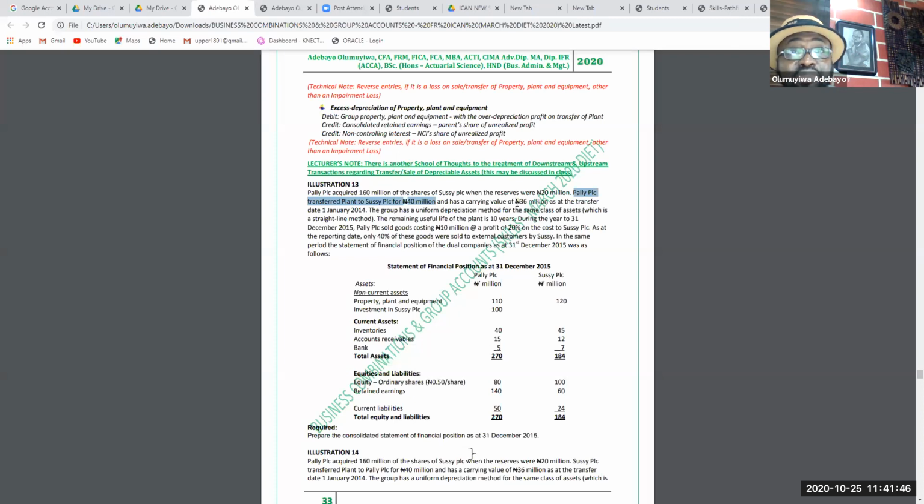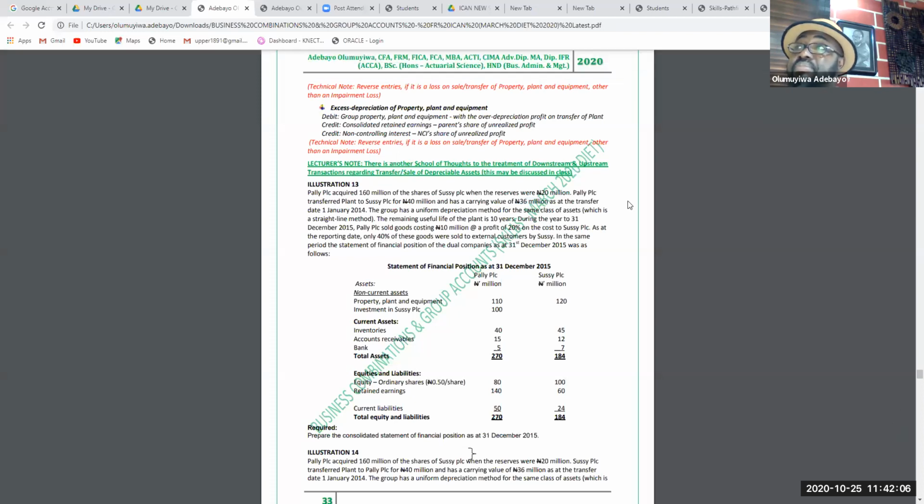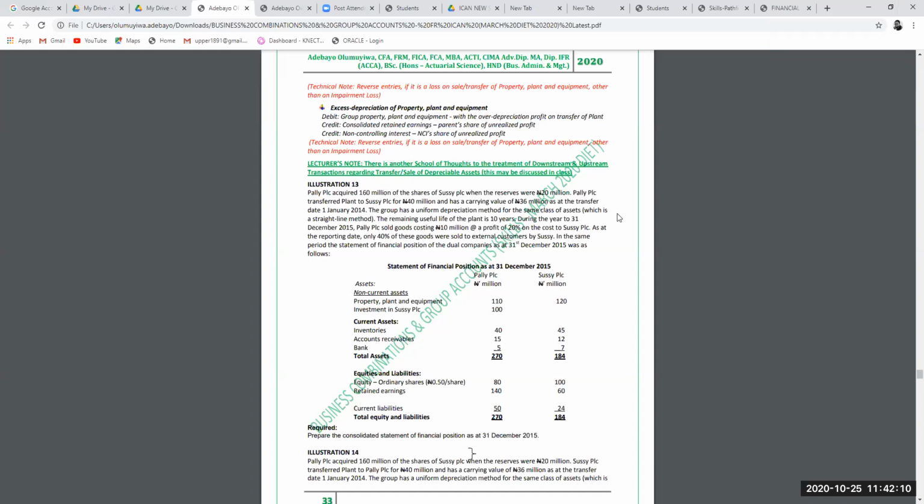But as at the time it disposed of it, the book value was 36, which means as at that time the company would have recognized profit on disposal of assets of how much? Who can answer that? I guess 4 million. 4 million, yeah.